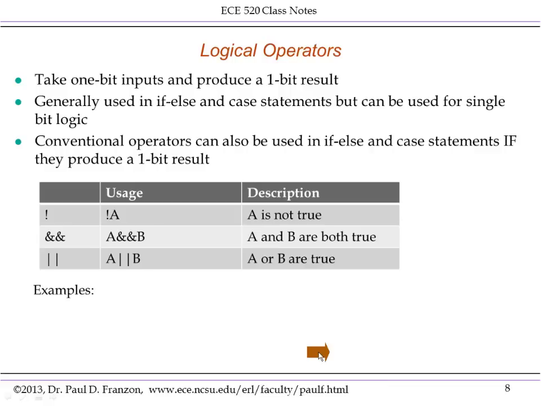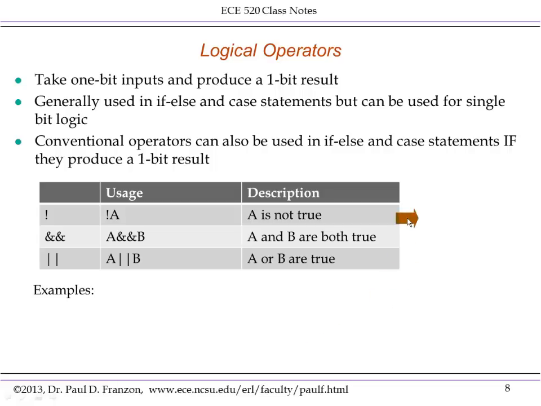Next, we have the logical operators. What these do is produce true-false answers. In the case specifically of the logical operators, you also have to make sure that the inputs, A and B here, are also just 1 bit wide, also true-false themselves.